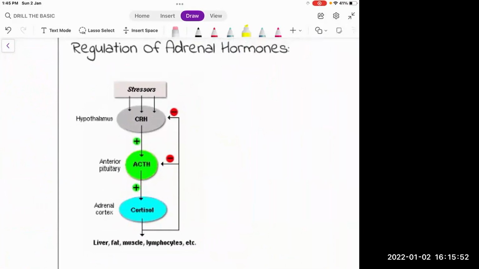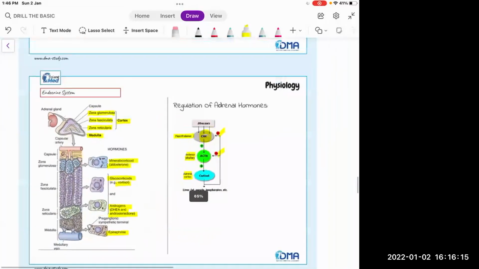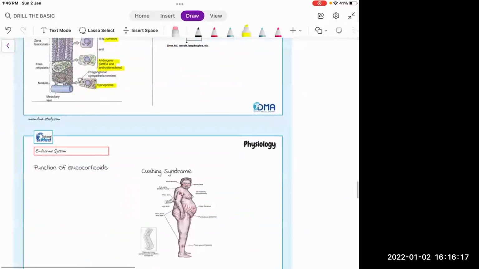And the regulation of the adrenal gland is the same: hypothalamus, anterior pituitary, adrenal cortex. So corticotropin releasing hormone acts on the anterior pituitary, releases ACTH, and this acts on the adrenal cortex to release cortisol. If you encounter excess of cortisol, then by the negative feedback mechanism, it will be controlled.